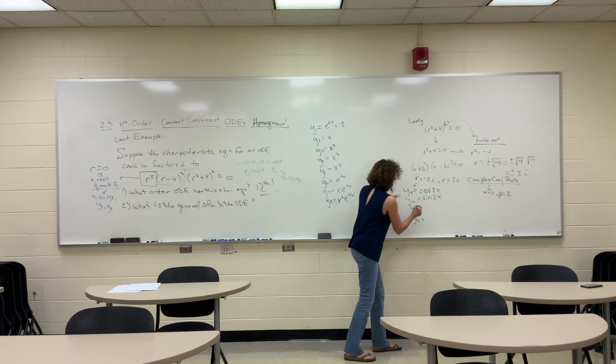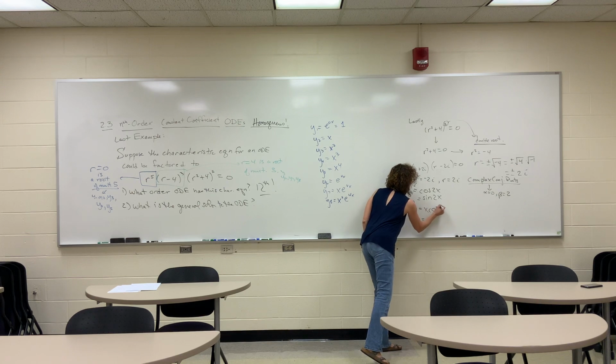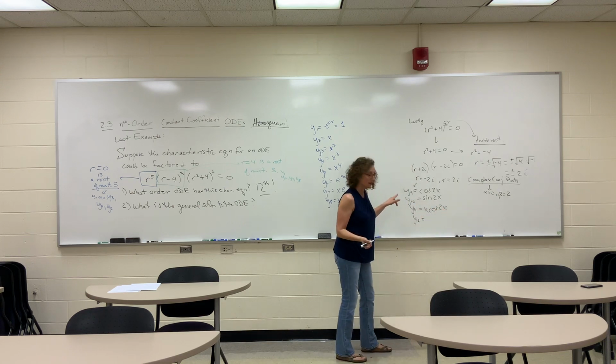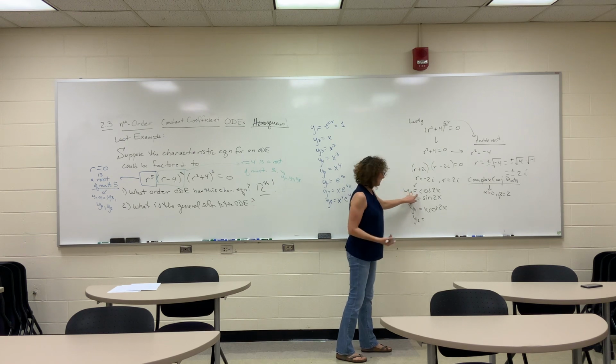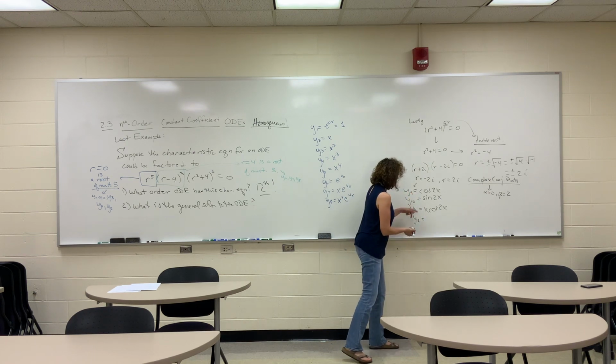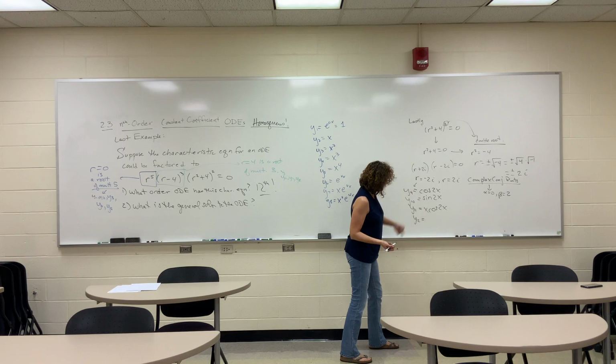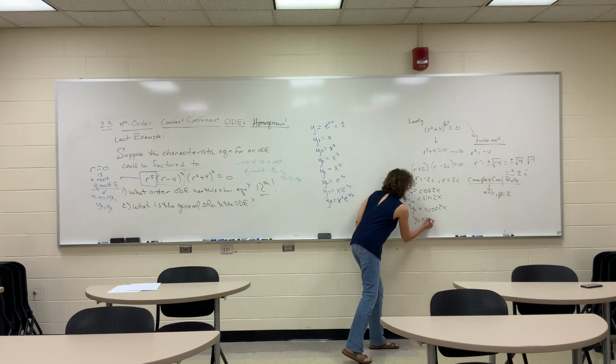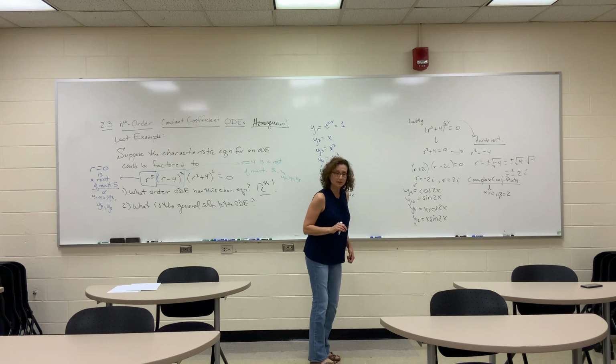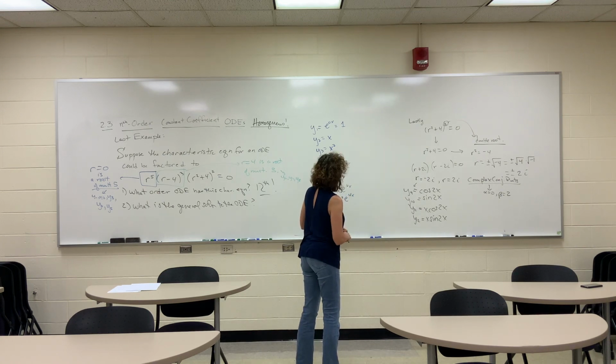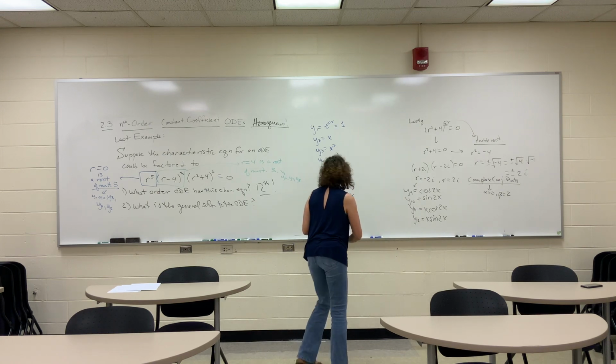What's it going to be? x cosine 2x. Same thing: you're multiplying the previous solution by v of x, and v of x turns out to be x. What's the second solution associated with y10? x sine 2x. Whew, that's a lot. It's a lot of solutions.